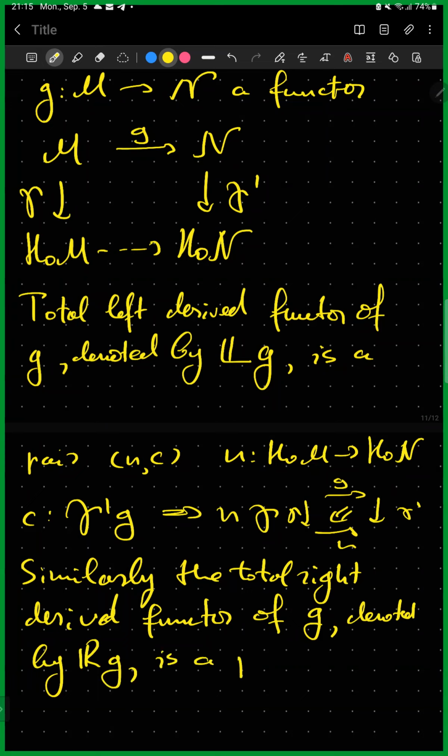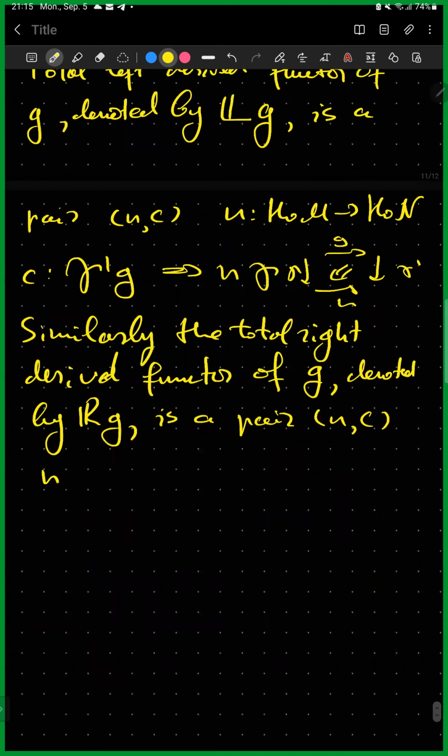There's also a pair consisting of a functor and a natural transformation. The functor goes in the same direction, and the natural transformation goes in the opposite direction. So we have a transformation from RG gamma to gamma prime G.